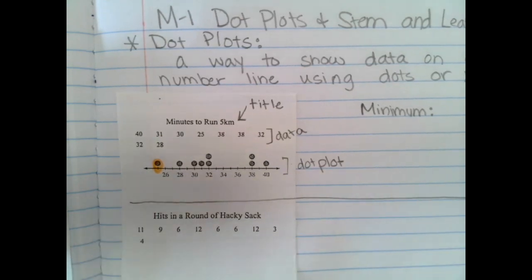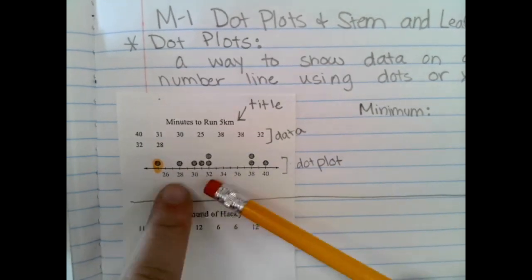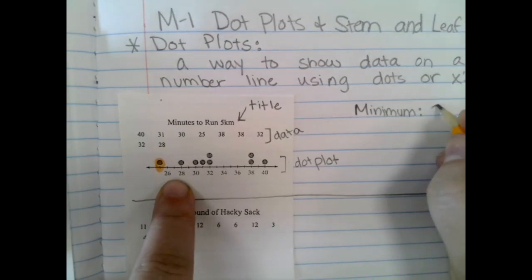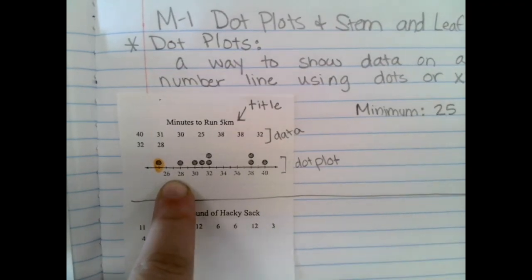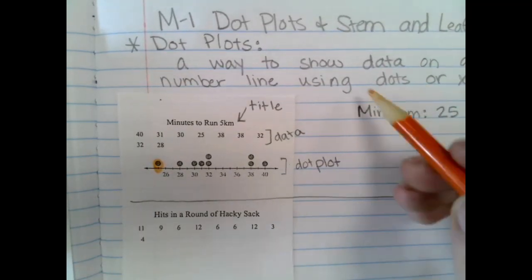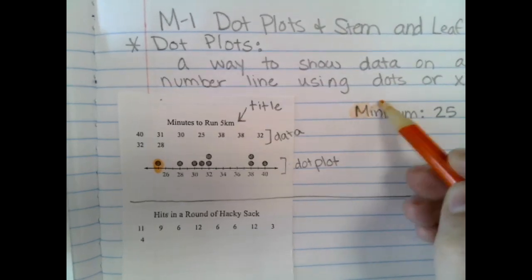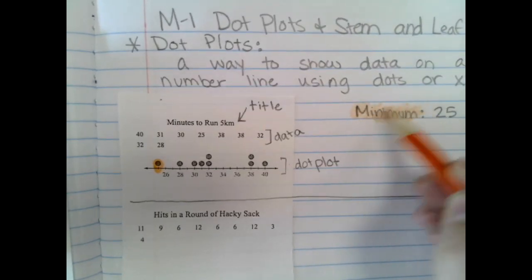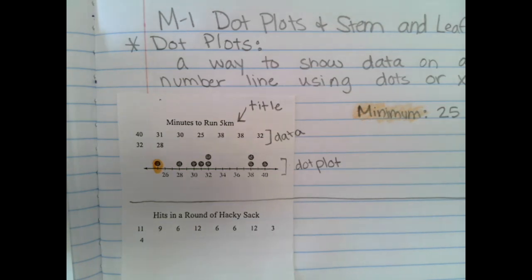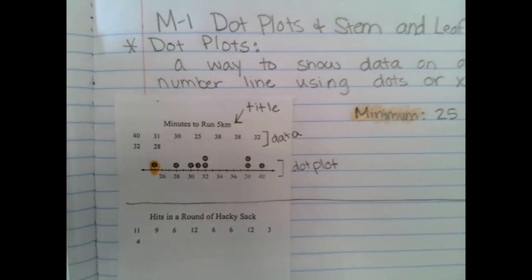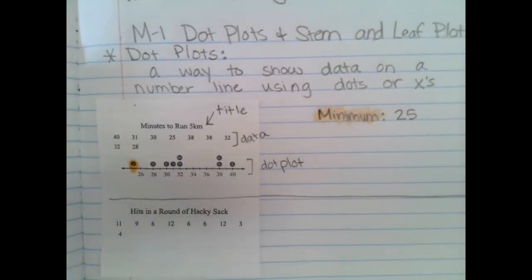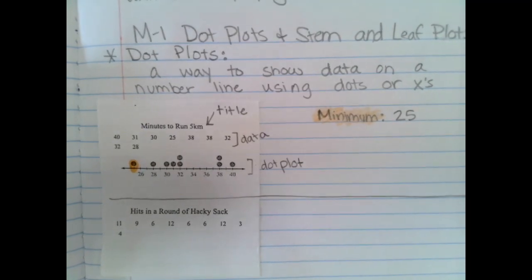Yeah, 25. It's counting by ones here. They skip count, but each tick mark is 1. So our minimum is 25, and a 5K is about 3.12 miles. So 25 minutes for 3.12 miles is pretty good. Not crazy fast, but a pretty good time.